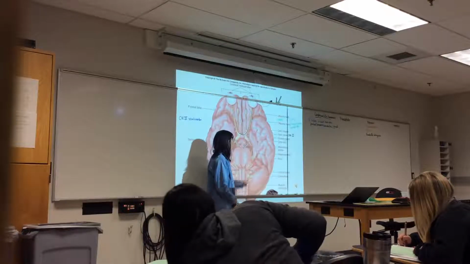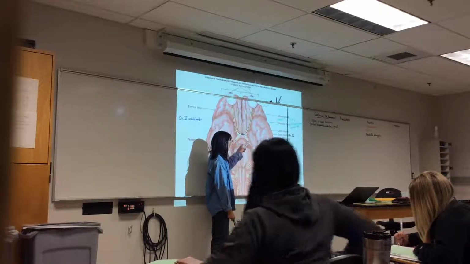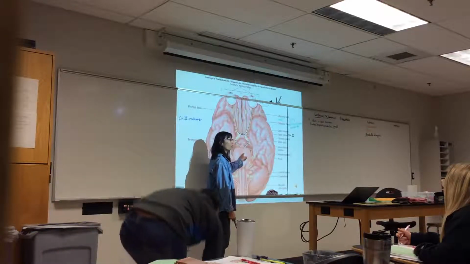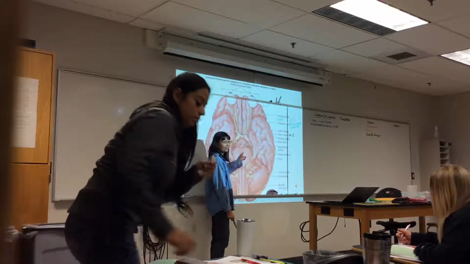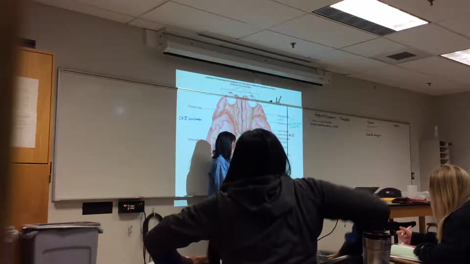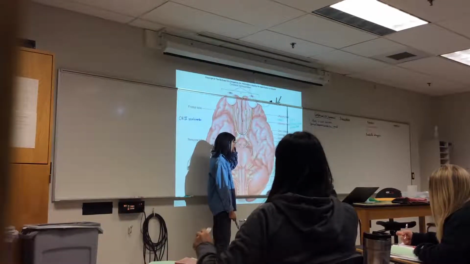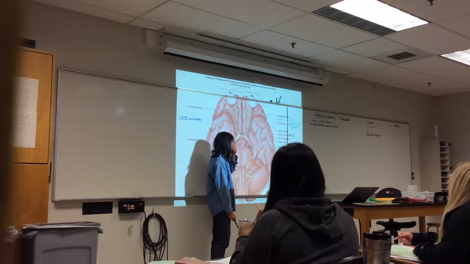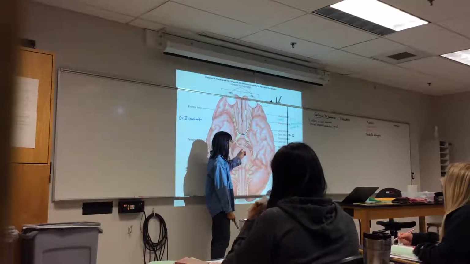Where are we? We are between what and what? Between the mesencephalon and the pons. Right? Mesencephalon and the pons. At the very top, right? See how I'm going in order? The other thing I want you to remember is midline.